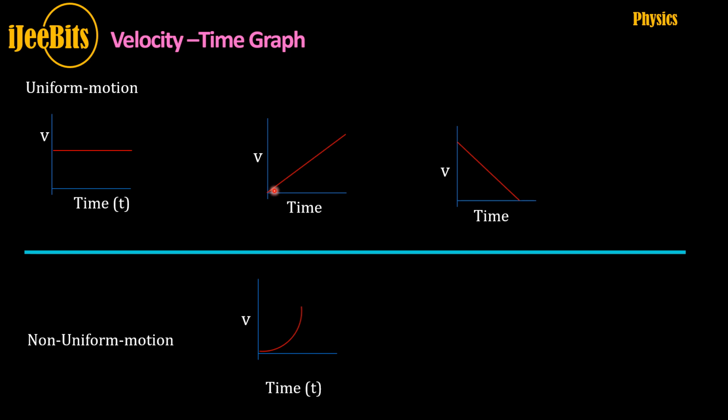This is a positive direction, upward. The other graph is in a downward direction. This means retardation. The slope is negative, so dv by dt is negative, which means acceleration is negative. Negative acceleration is nothing but retardation. This is how you can interpret velocity time graph behavior.